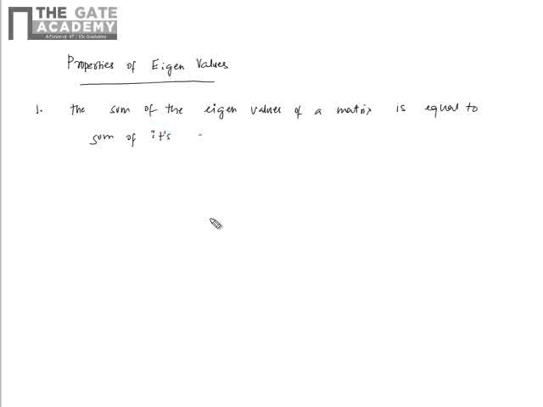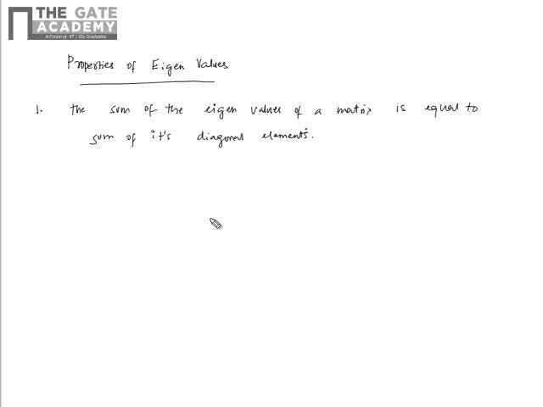This comes from the characteristic equation. If you imagine a 3 by 3 matrix, you will get a cubic characteristic equation, and the sum of the roots, that is the sum of the eigenvalues, will be the sum of the diagonal elements.